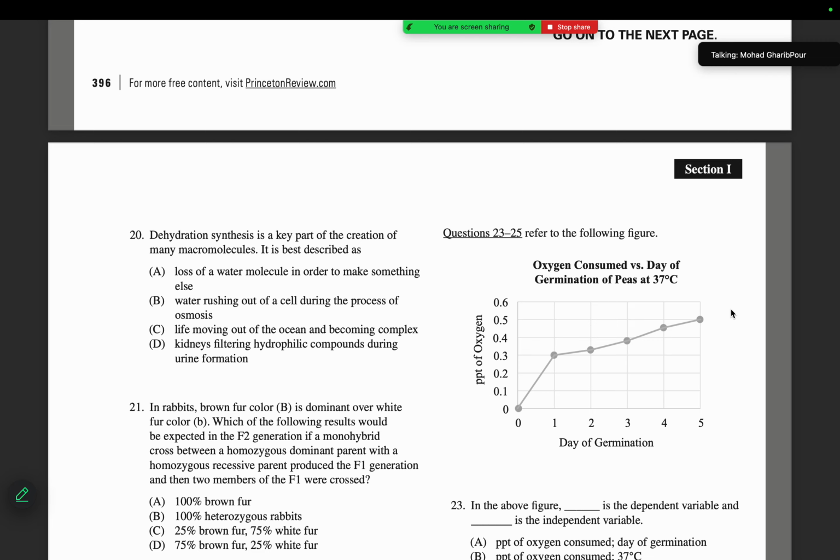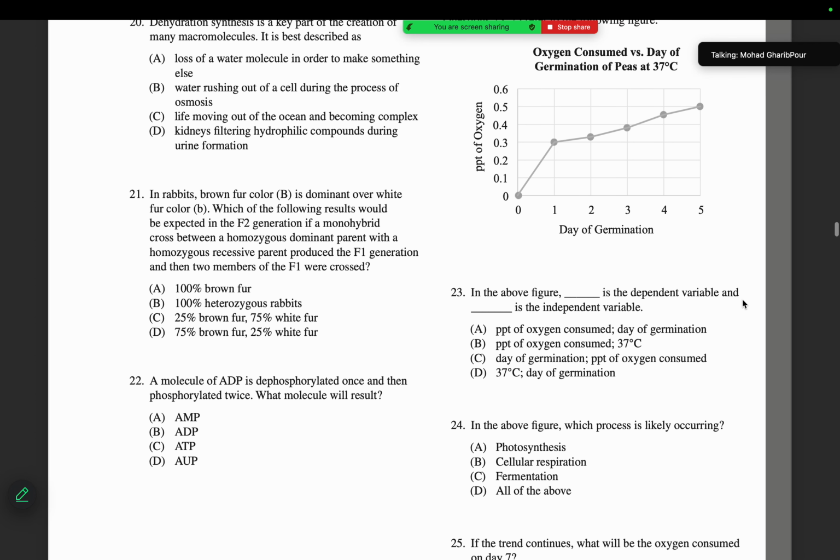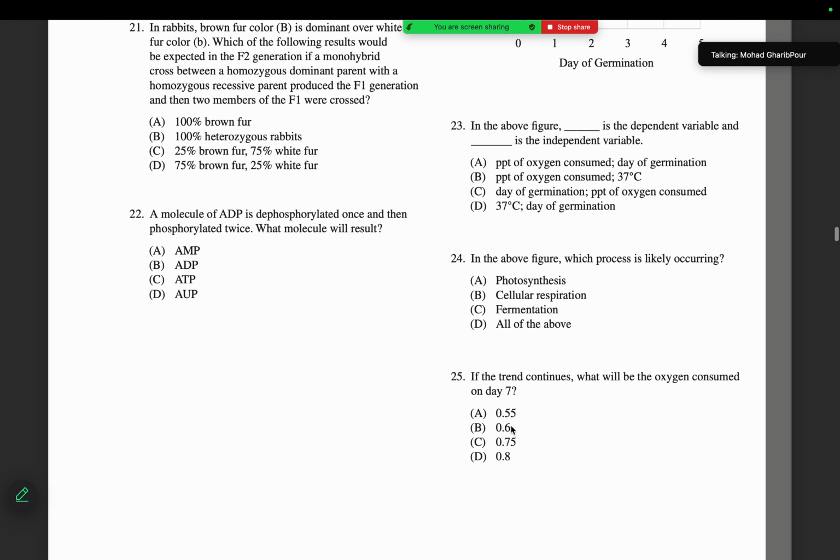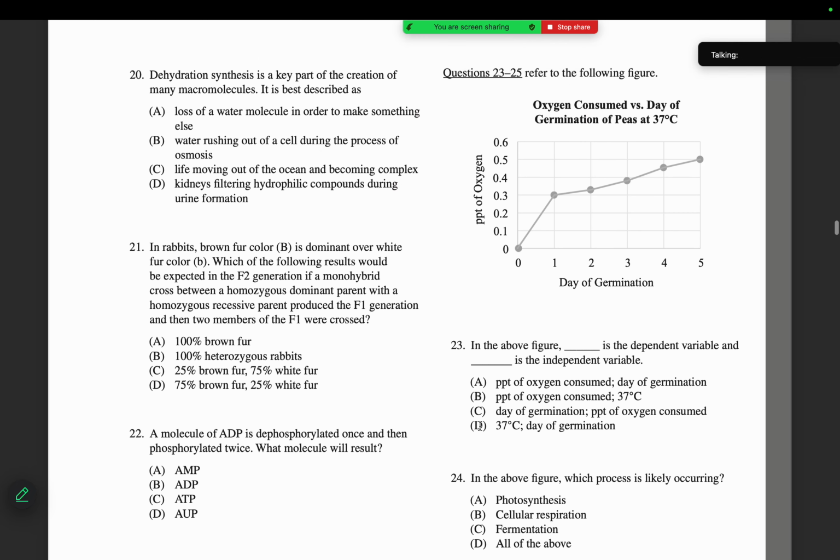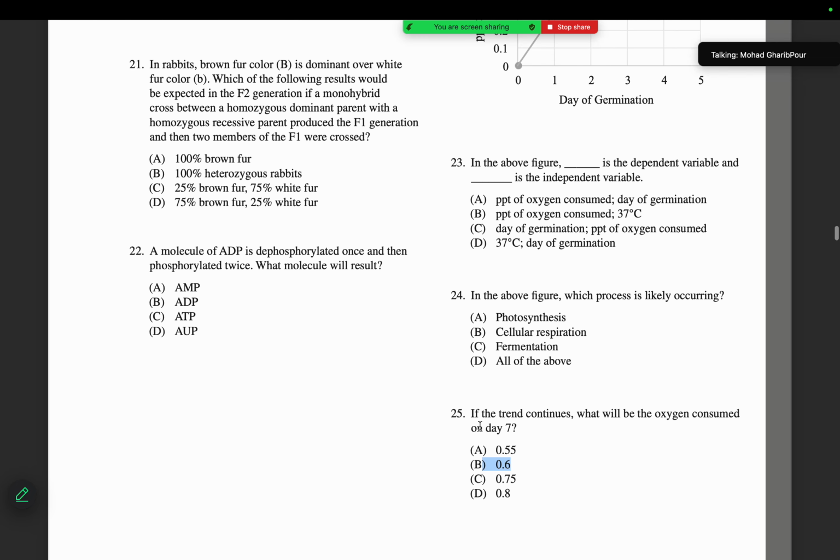On day 7, it should go up by like another 0.1. So every 2 days it's kind of going up by 1. So day 7 should be 0.6. Does that make sense? Who got that wrong?